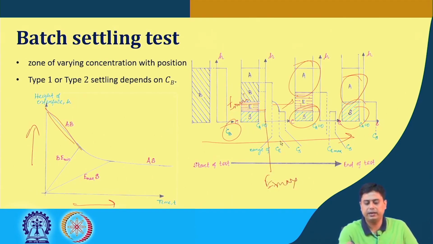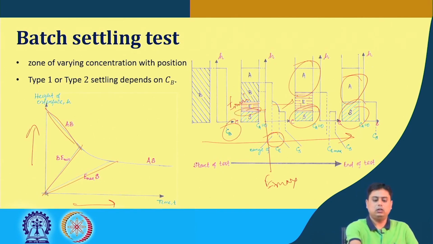That means this is the range of E that we have. So, B E min we see that steadily rises, and this E max and S interface also rises, but with a lesser steepness of the slope.